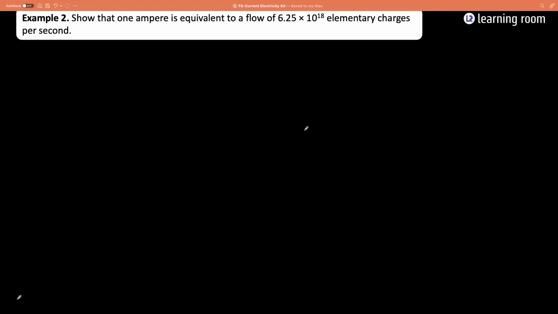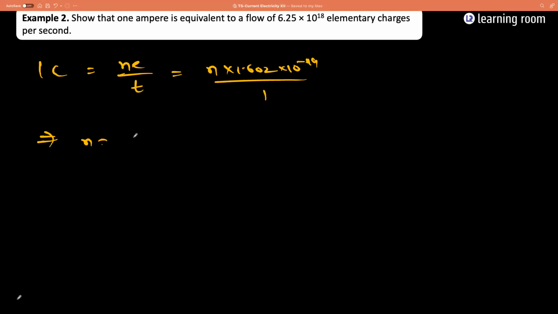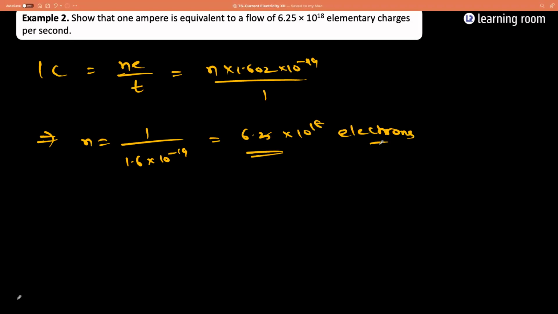Show that 1 ampere is equivalent to 6.25 into 10 power 18 elementary charges. This you know, right? So 1 coulomb is equal to N into E divided by T. So N into 1.602 into 10 power minus 19 divided by 1, which implies N will be equal to 1 divided by 1.6 into 10 power minus 19, which will be 6.25 into 10 power 18 electrons.